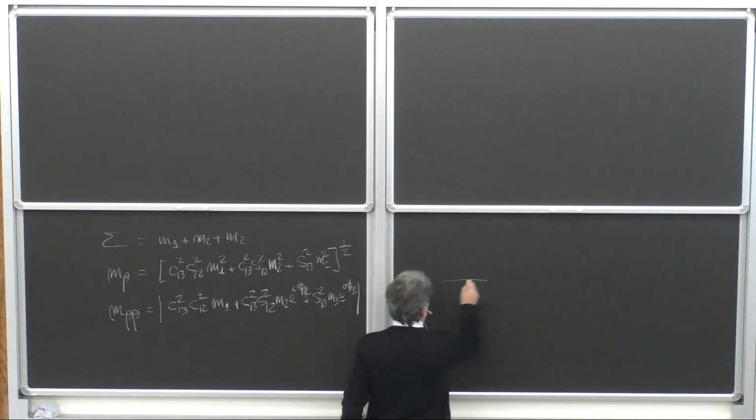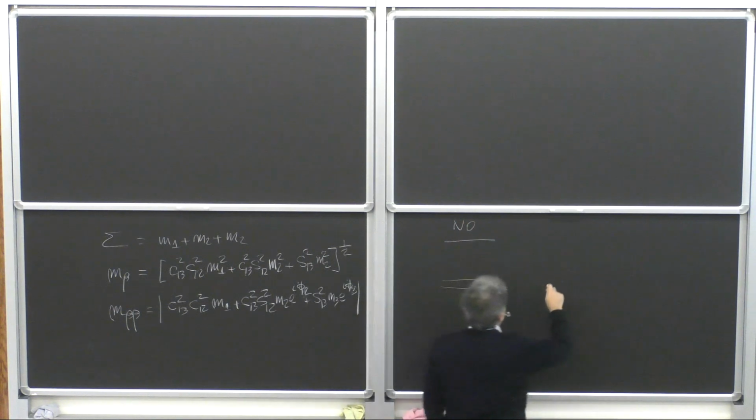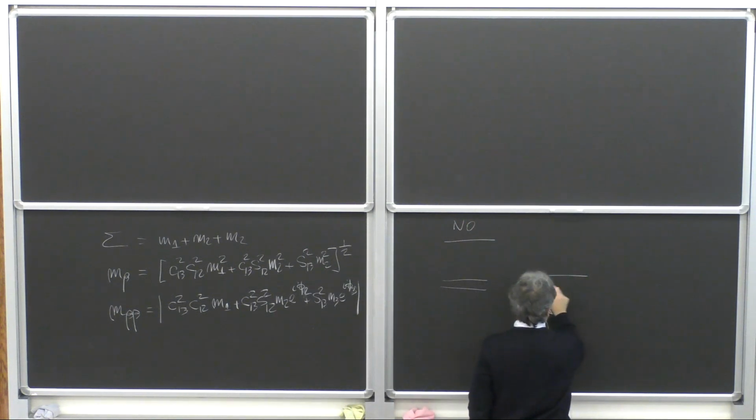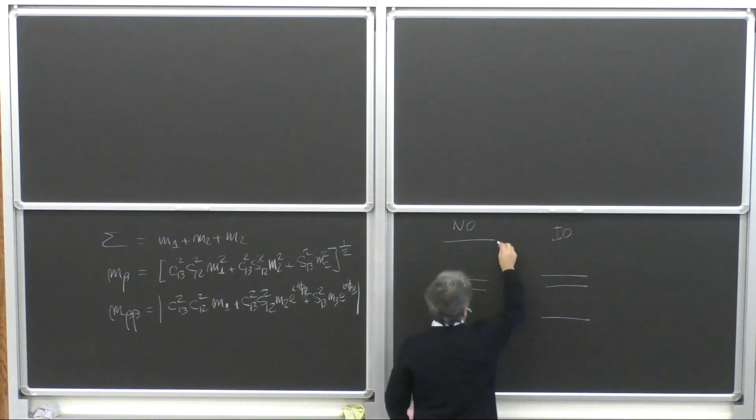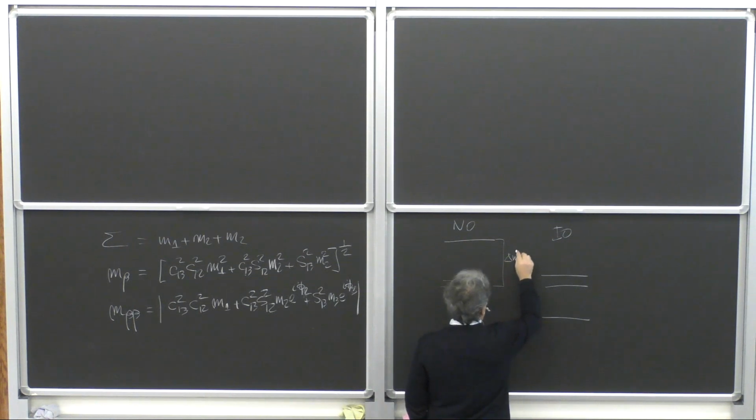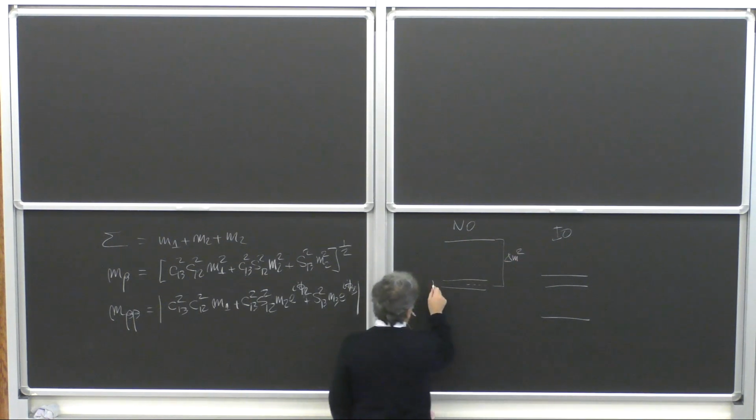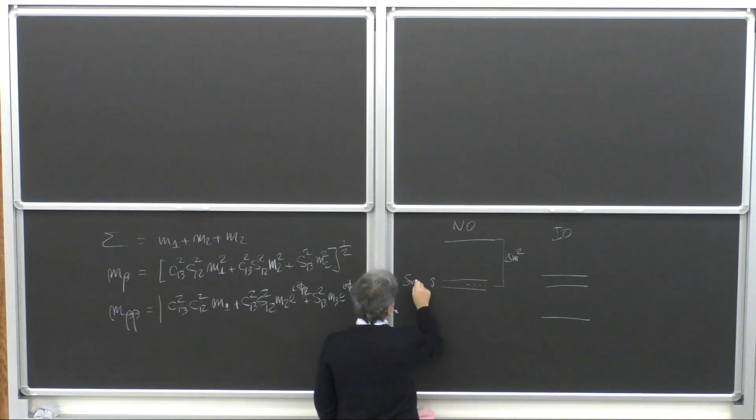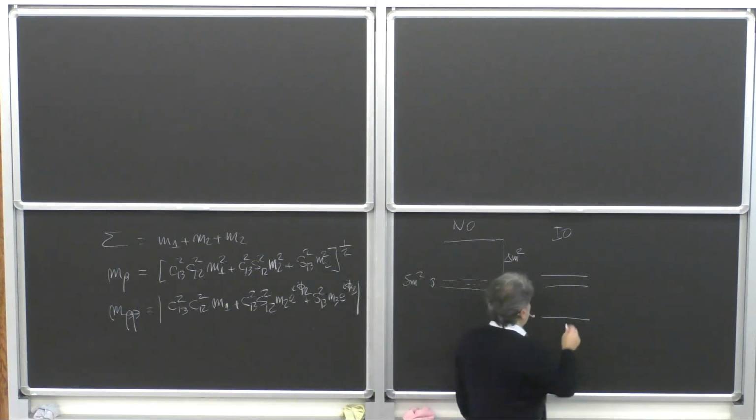Remember that this is normal ordering, and this is inverted ordering, that this is the large delta m squared, and this is the small or the solar delta m squared.